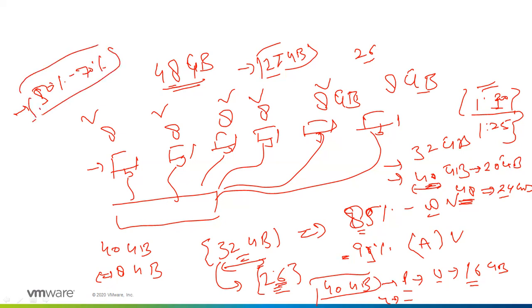If this is less than 30% or something like that, then we say our cluster is under-provisioned. What do you mean by under-provisioned? The cluster has capacity, but does not have enough VMs. If this goes to 70% utilization or more, we say over-provisioned. When we say over-provisioned, it means you need to increase the memory resources somewhere.